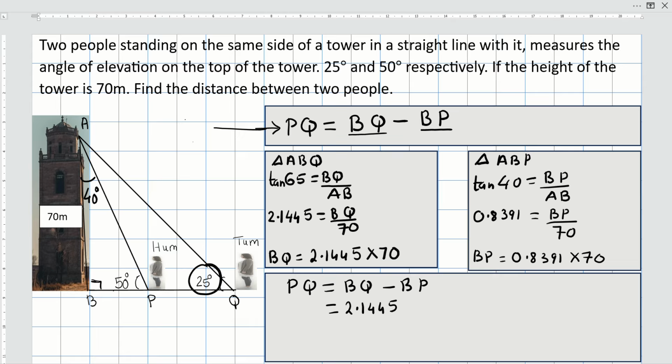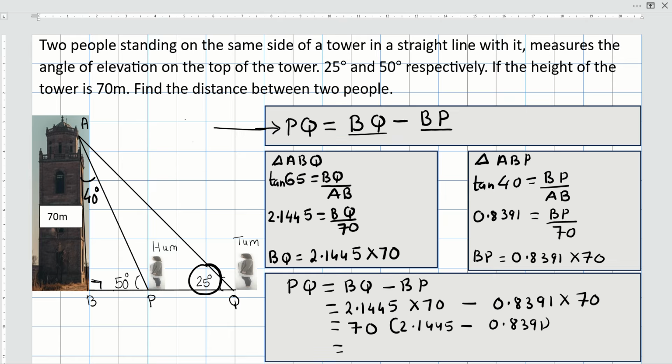That is 2.1445 into 70, minus 0.8391 into 70. Instead of multiplying and getting a bigger number, can I take 70 common? Yes. If I take 70 common, it is 2.1445 minus 0.8391.